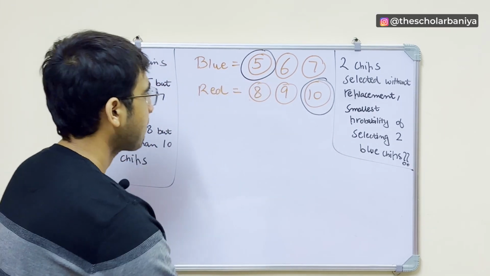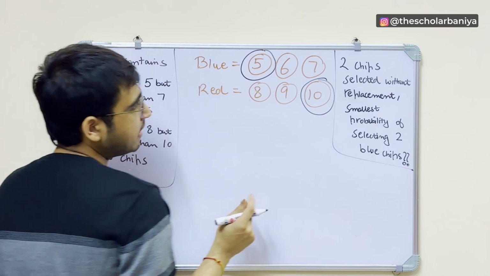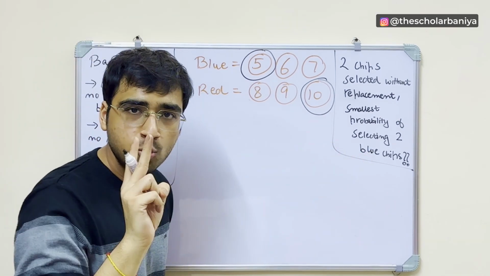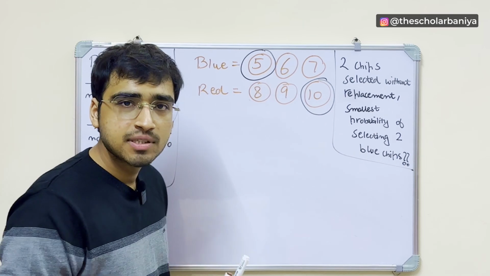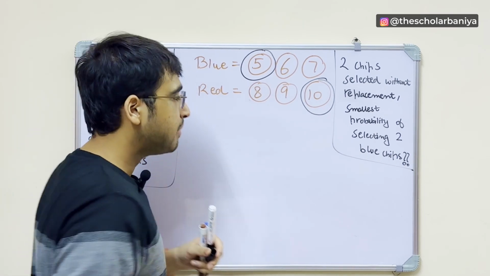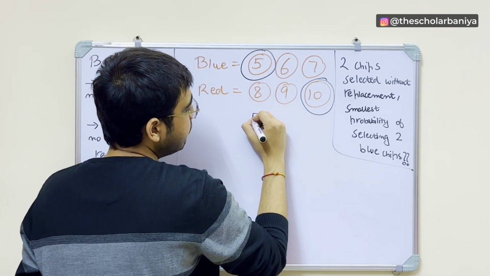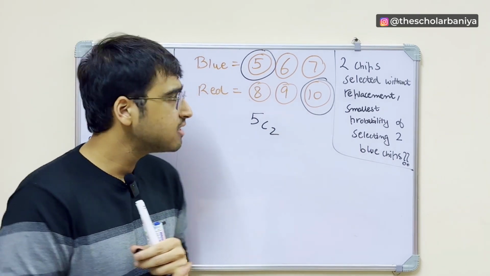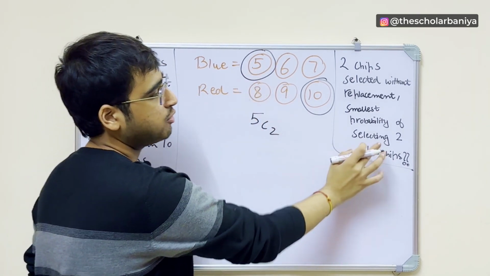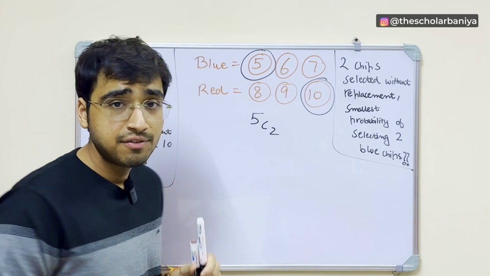So tell me one thing, we need to select two blue chips. And how many blue chips are there? There are 5 blue chips. So how many different ways can there be? Different ways can be 5C2. There are 5 blue chips, we have to select 2, so that means 5C2.